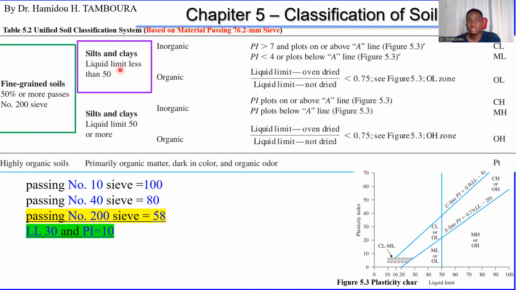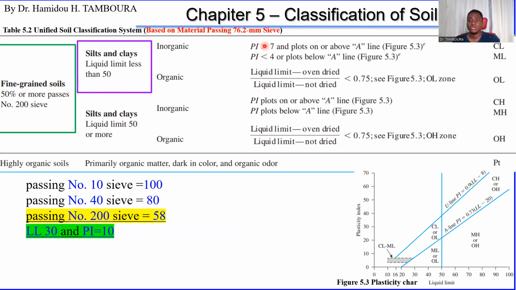So 30 is less than 50. So it means we are in this case. And as we can see here, the plasticity index falls right here. Our PI is 10.